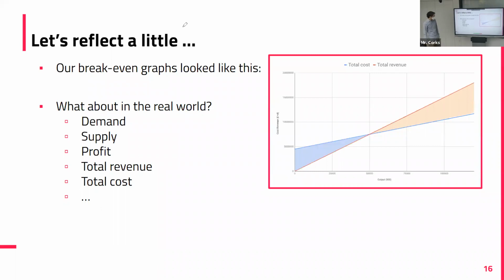Okay. So as I mentioned at the end of our last class, when we dealt with break-even points, our total cost line was very conveniently, very suspiciously, just perfectly straight. And our total revenue line also just perfectly straight, often not what happens in the real world.